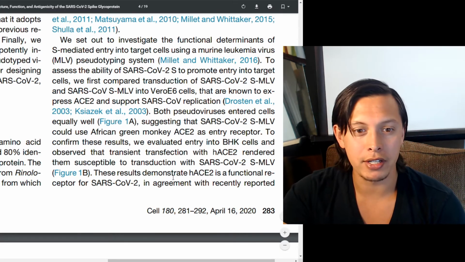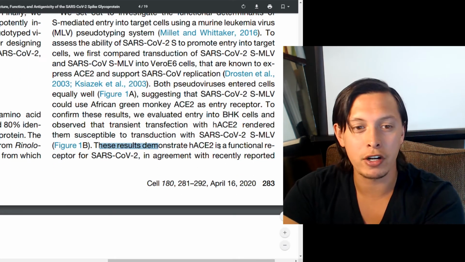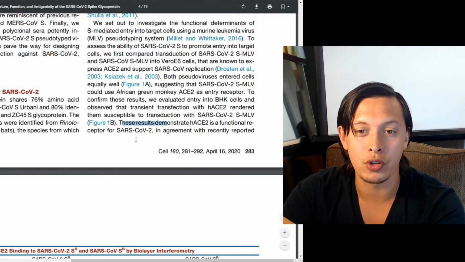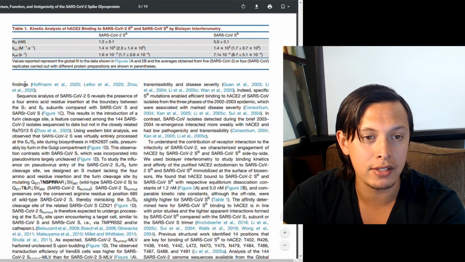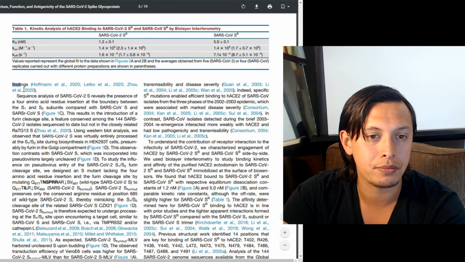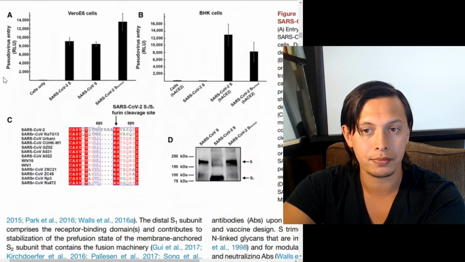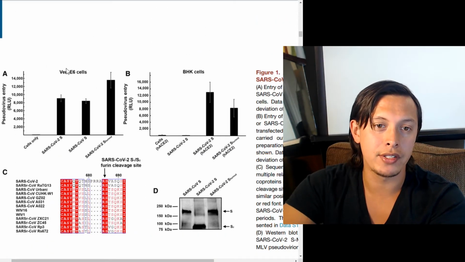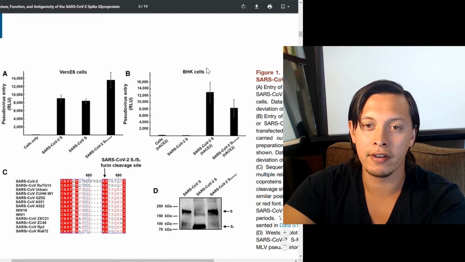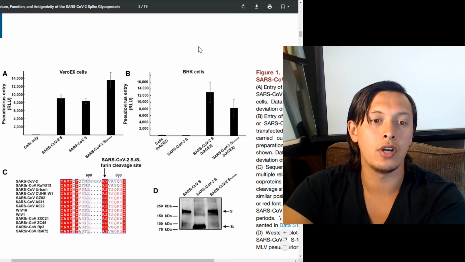52 minutes. So continuing, these results demonstrate that human ACE2 is a functional receptor for SARS coronavirus 2, in agreement with recently reported findings. So here, I'm going to go up to the data where they show this. Here is a graph of the Vero E6 cells, and here's a graph of the baby hamster kidney cells.